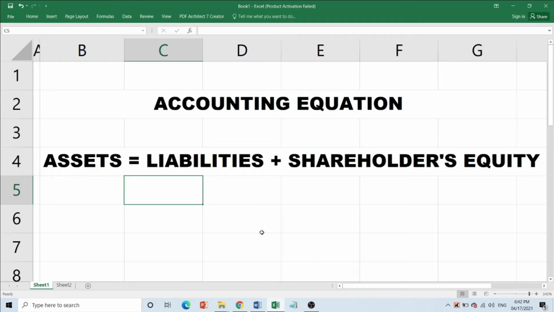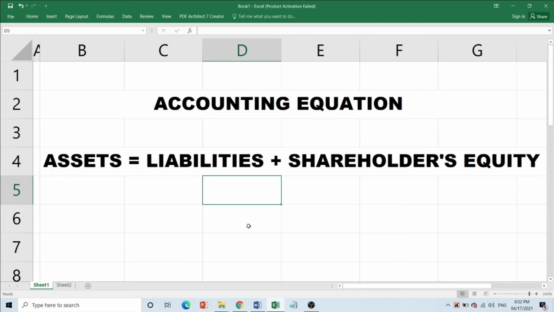Now, it is important to keep the accounting equation in mind when performing journal entries. As a small business owner, it is important to understand information about your company's finances. One important thing to look at is how much of your business assets are financed with debt versus paid for with capital.